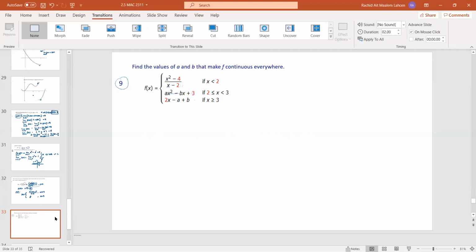So let's look at it this way. The limit, so this is x less than 2.